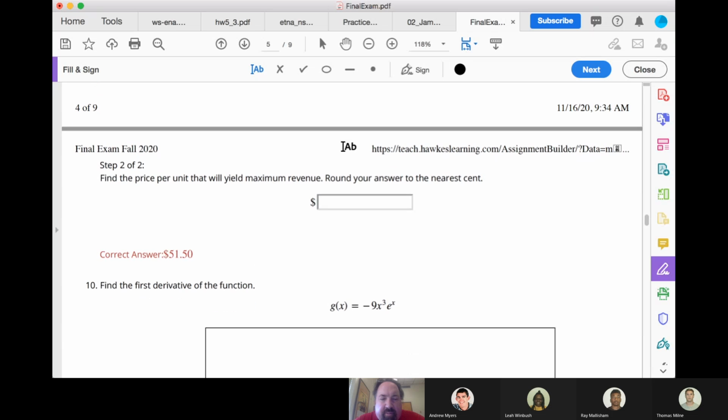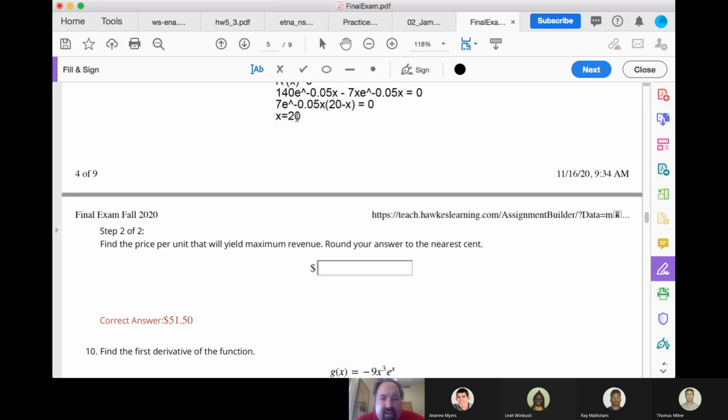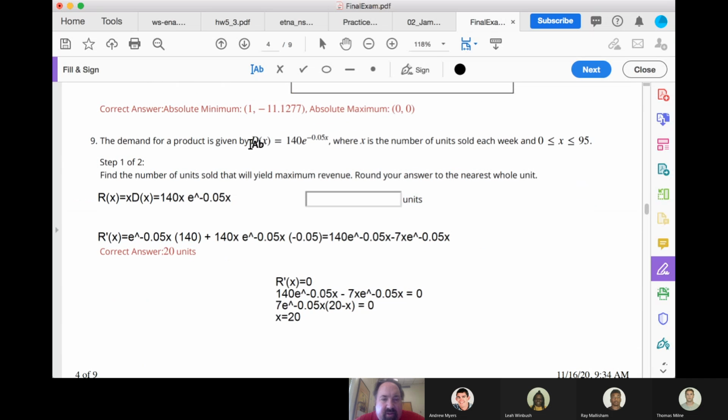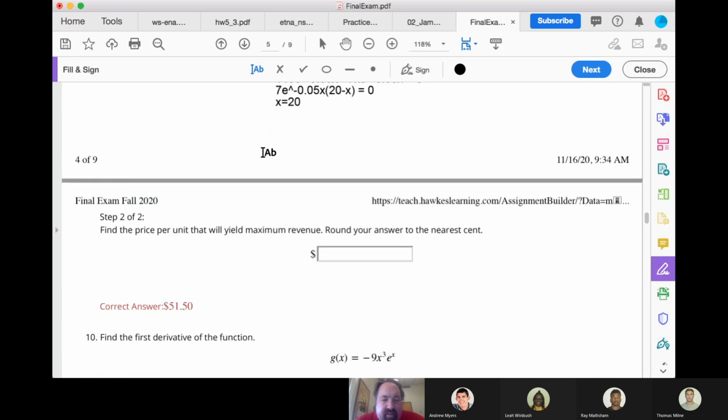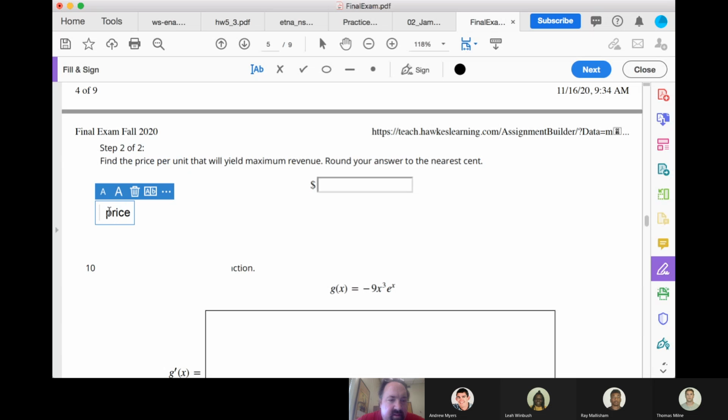Okay, the other part of the problem: now that we know that revenue is maximized at 20 units, what's the price per unit that would give maximum revenue? For that, we go back to the demand function, d of x, and substitute x equals 20. So the price comes from the demand function d of 20.